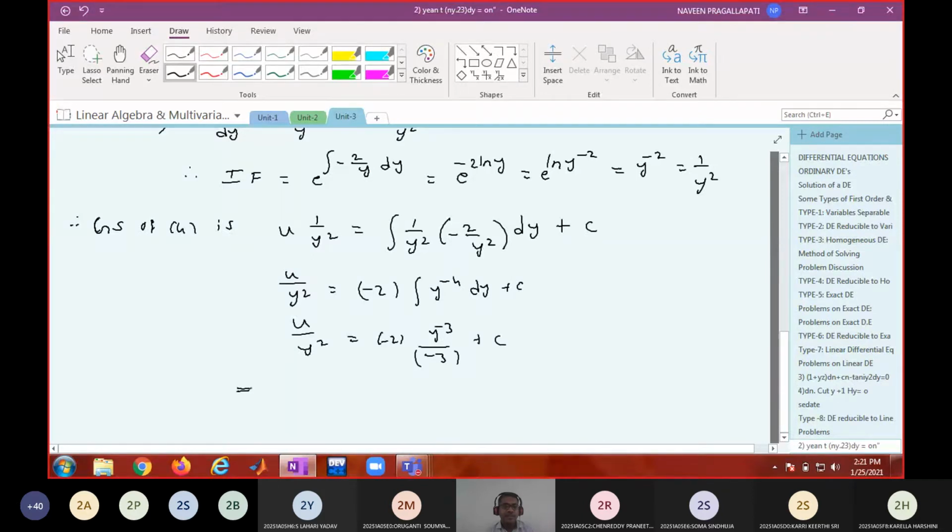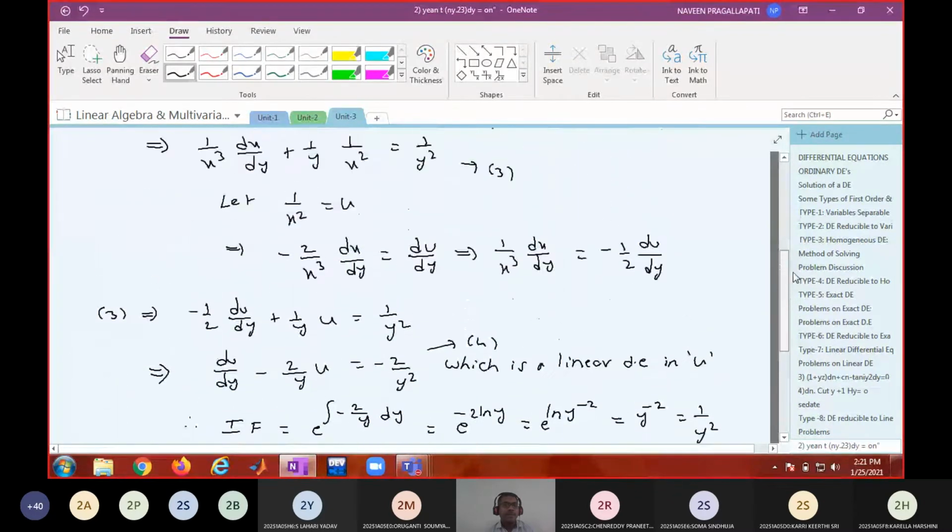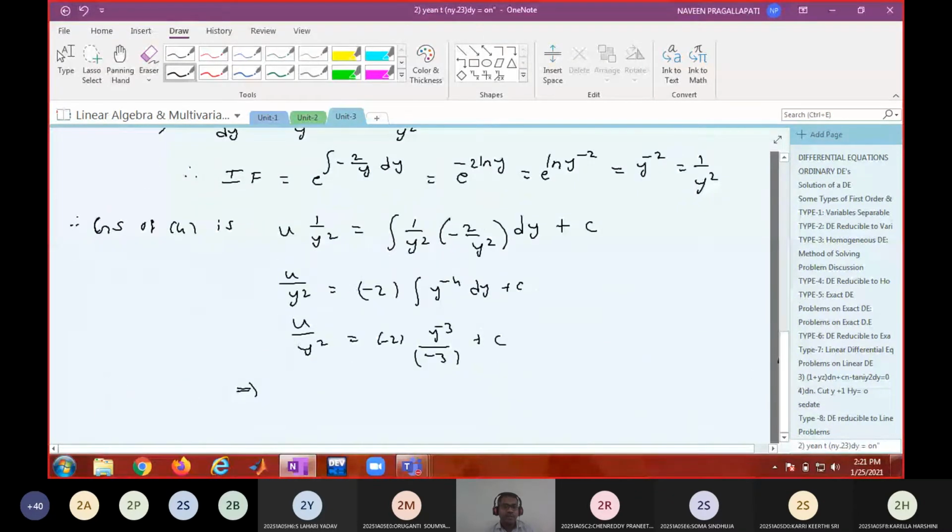So u is 1 by x square. Therefore 1 by x square y square equals 2 by 3y cube plus c. That's it. If some initial condition is given, use it to find the value of c. If not, this is the general solution.